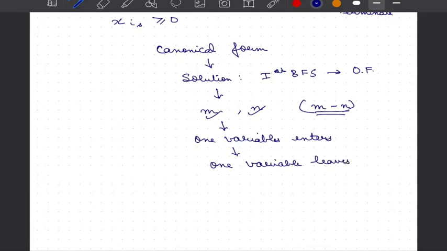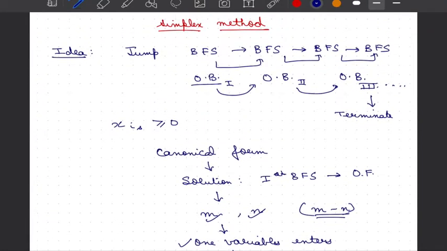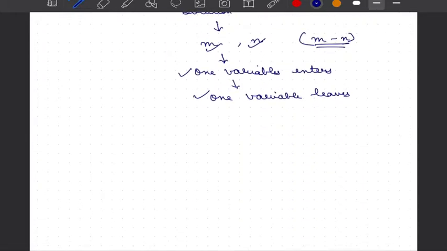So we have to identify the variable that is entering and the variable that is leaving in such a way that these two conditions, that our solution is improving until we meet a termination criterion, and that we go from one feasible solution to another feasible solution, are met. And these two steps are the essence of the simplex method.